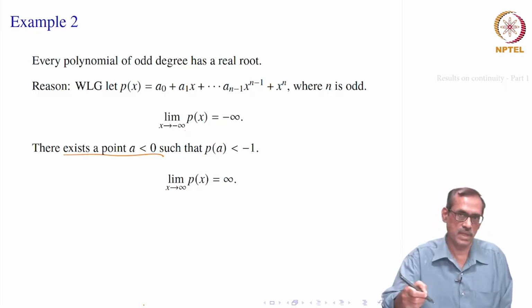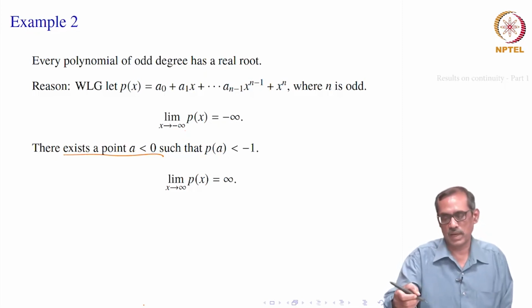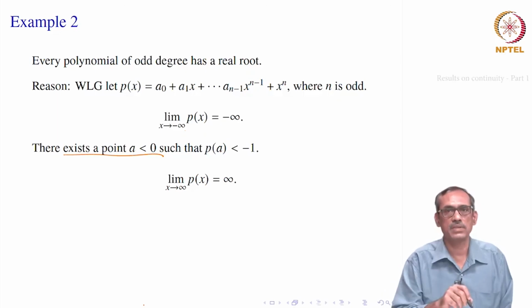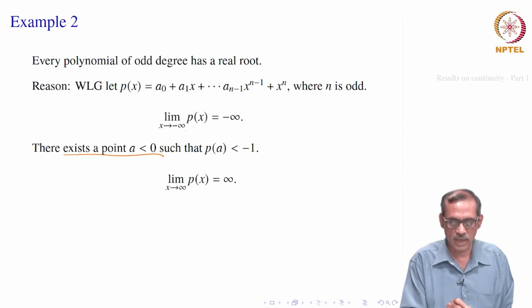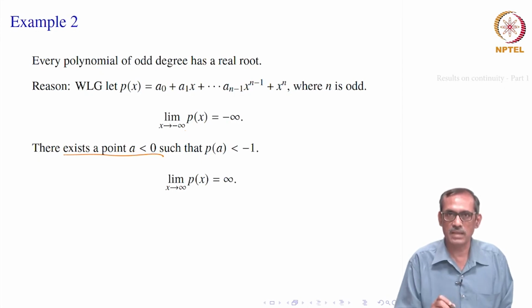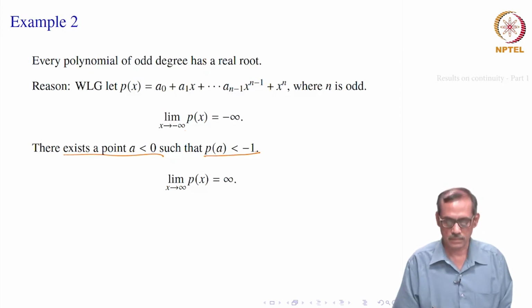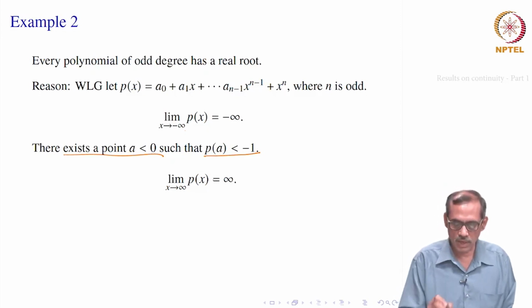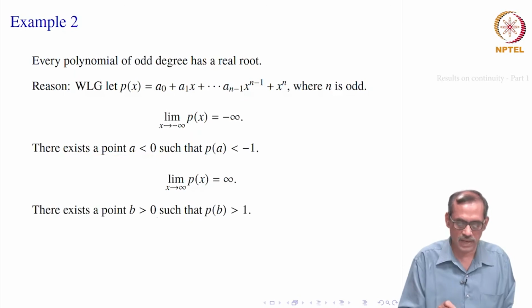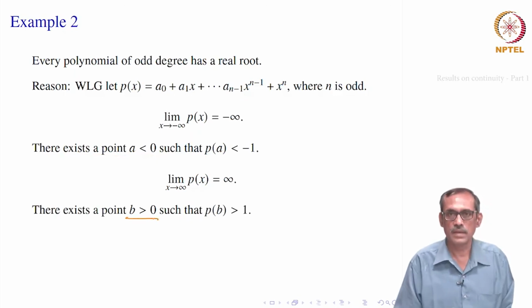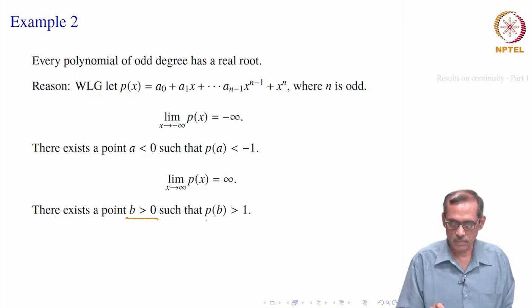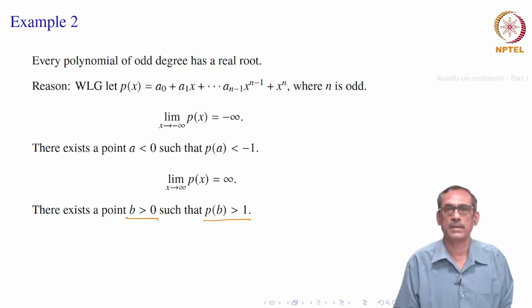That is, you give me something, say minus 100, then I can get one x such that p of x is less than minus 100. So, here in particular we say there exists a negative number a such that p of a is less than minus 1. Similarly, when we have limit p x equal to infinity, it means there exists a number b, say positive, such that p of b is bigger than 1.